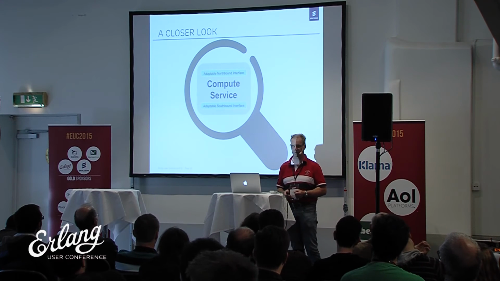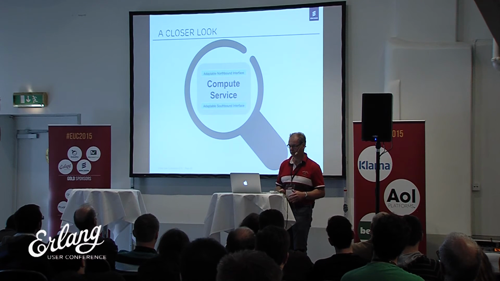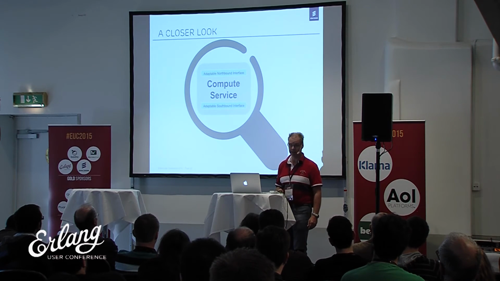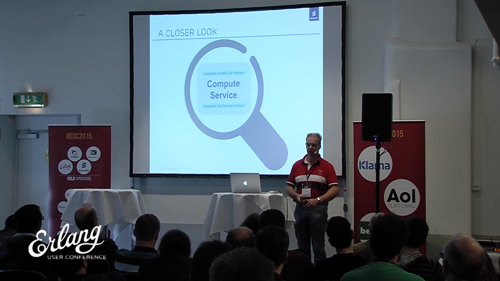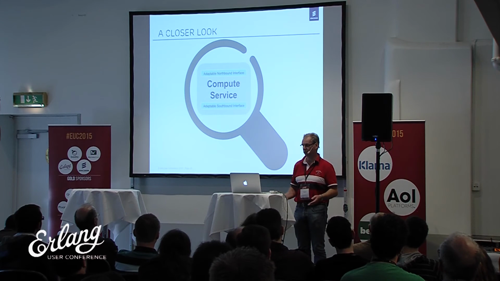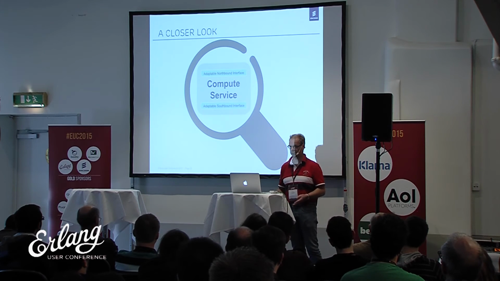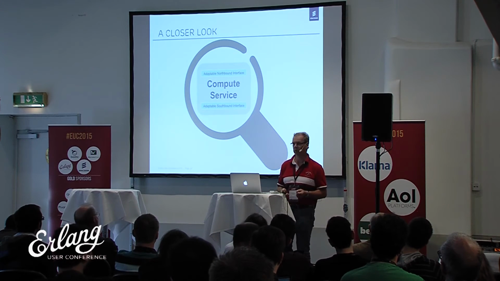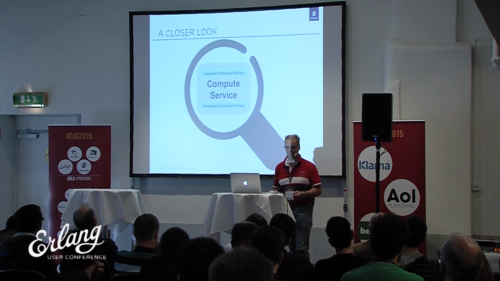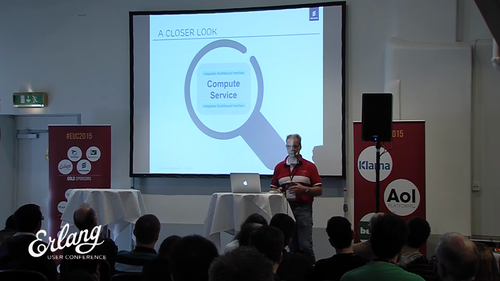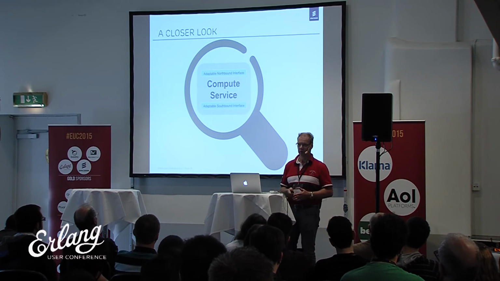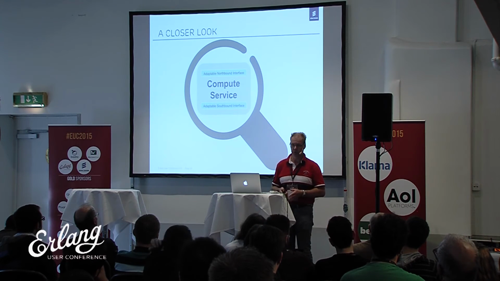About 75 to 80% is written in Erlang. We are, of course, using all this OTP stuff, where the gen servers and applications and so on. But we didn't start out like that. From the beginning, it was just a proof of concept prototype. And as it grew, more and more of the components were reused and so on.